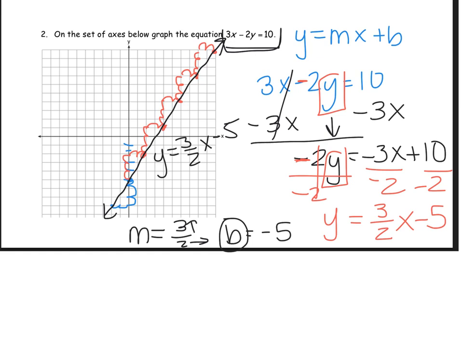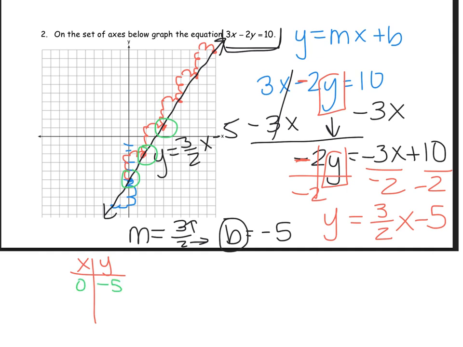Right? So all the question asked is for us to graph it. Ooh, one last step is to make our table of values. So let's graph this point, and this point. So this is going to be 0 on the x, negative 5 on the y. So (0, -5).